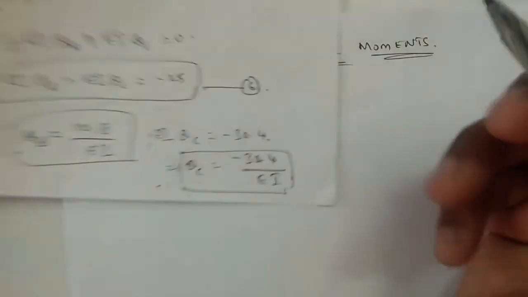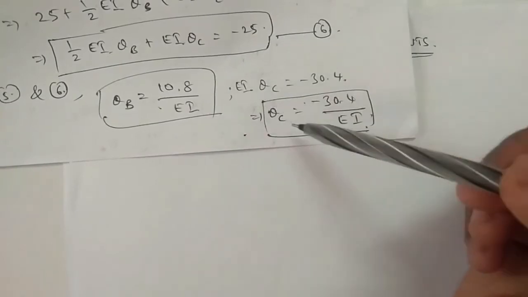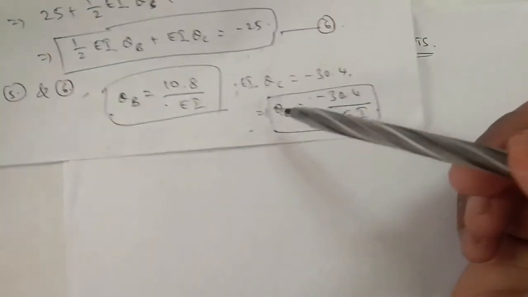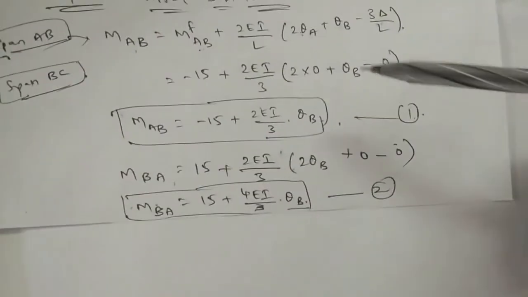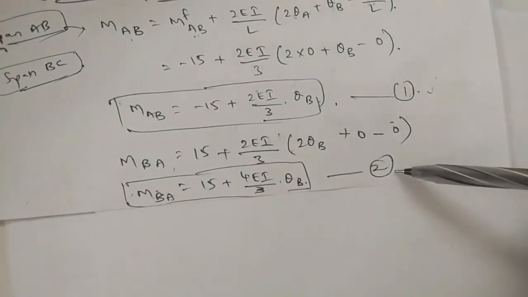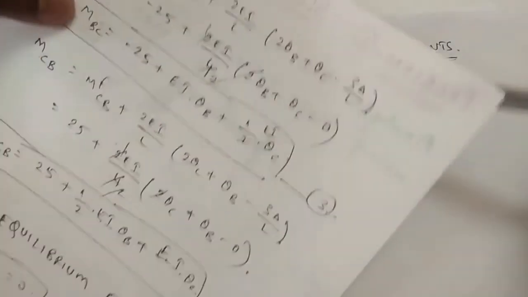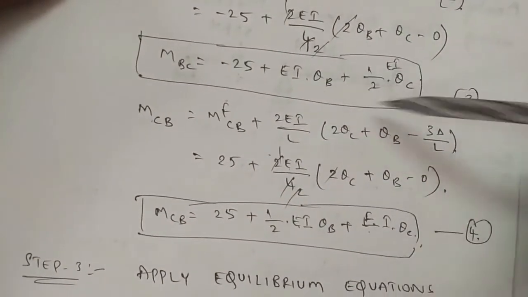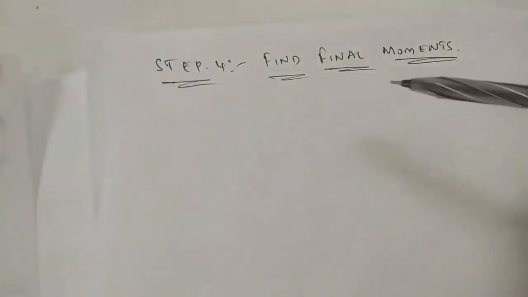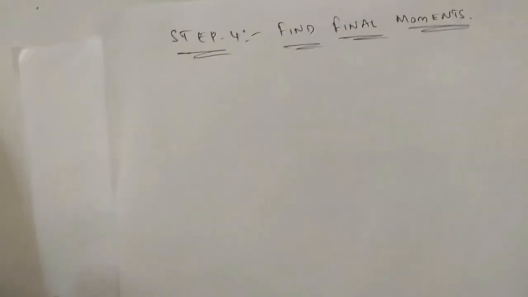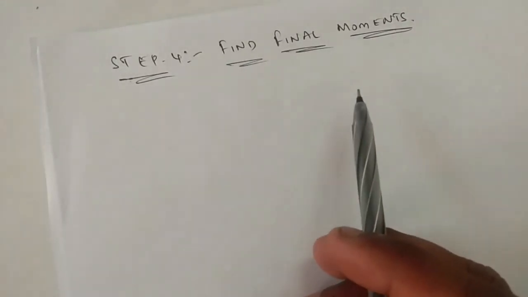The theta B and theta C values which you have got here, you substitute in equation number 1, equation number 2, where there is theta B and theta C. Here in span BC we have theta B and theta C values. Substituting theta B and theta C values in these first 4 equations, we will get the final moments.